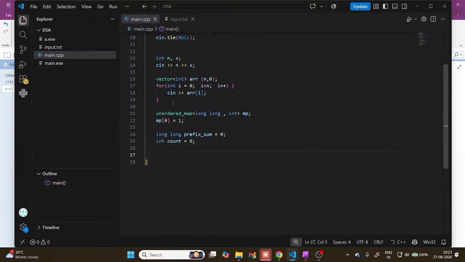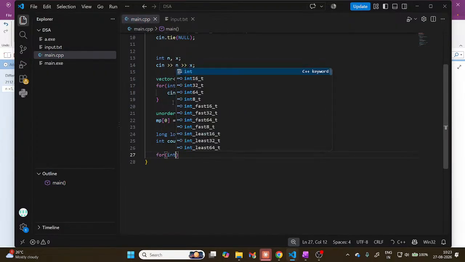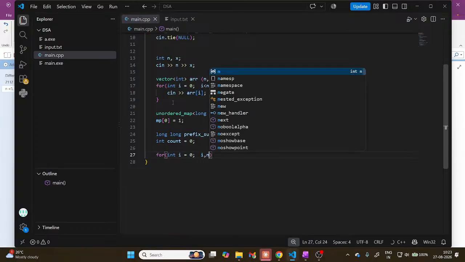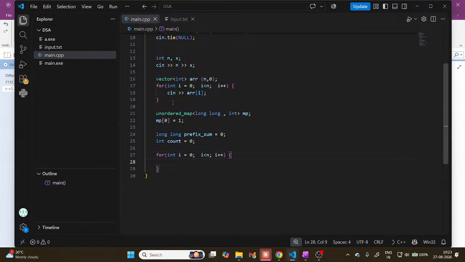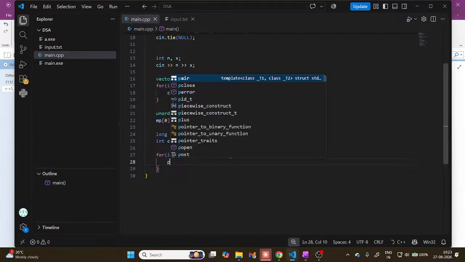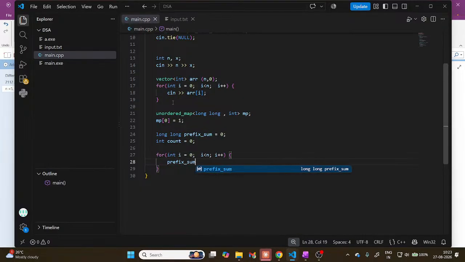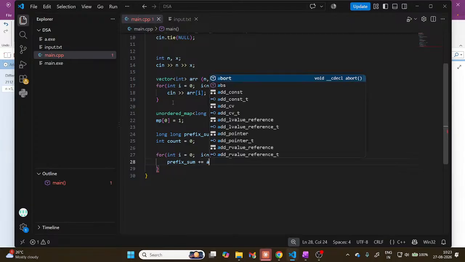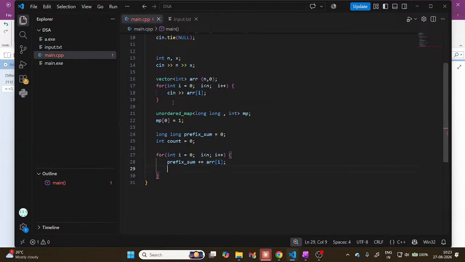Now what I can do is for int i equal to 0, i less than n, i plus plus, and first the prefix sum plus is equal to array i. I have this prefix sum.